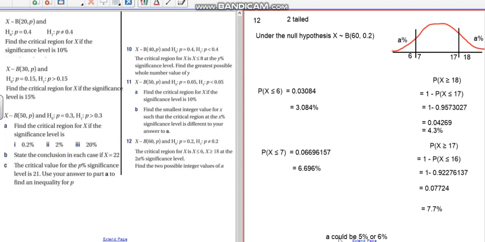So the two possible values A could be were 5% or 6%. It wouldn't matter which of those I would choose, whether the significance level was 5% or 6%, I would still reject at 6 and 18 and accept at 7 and 17. Okay, hope that makes sense.